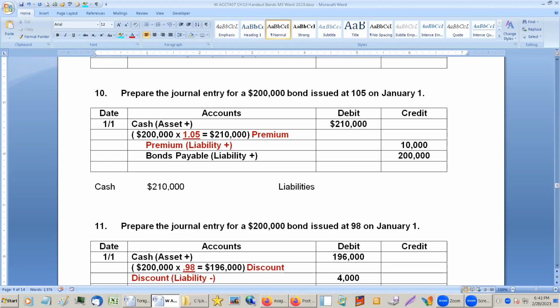Your liabilities would have bonds payable, and they would have a premium of 10,000.